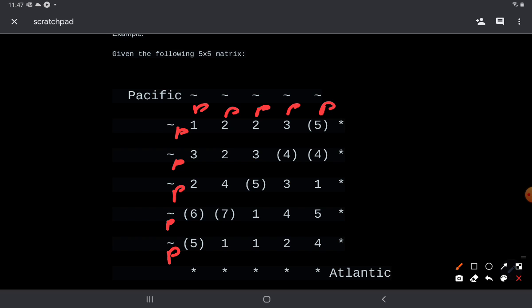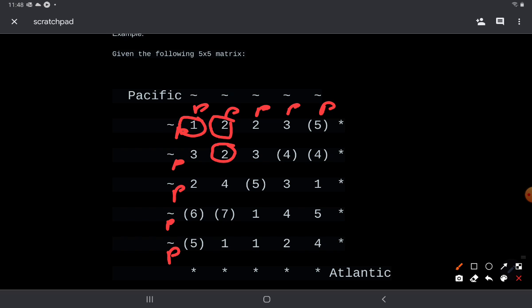For example, if we have this one over here, now we check for its neighbor 2. Now 2 has a higher height than it, and it is accessible from Pacific, so its neighbor is also accessible from Pacific. Now when we are at this 2, we check for its neighbor. For example, let's check this 2.